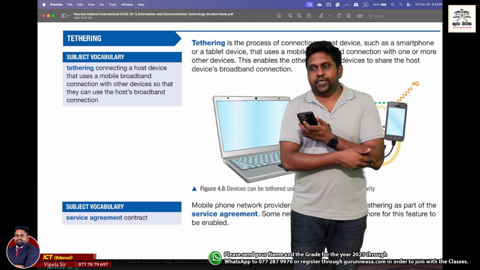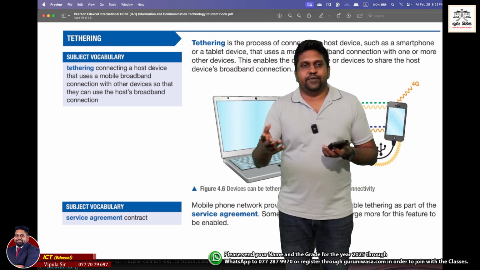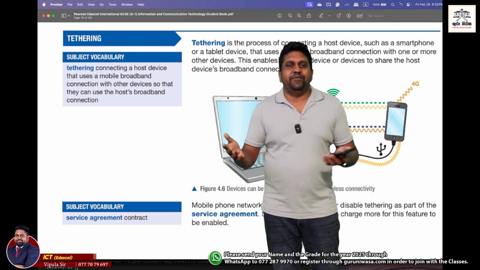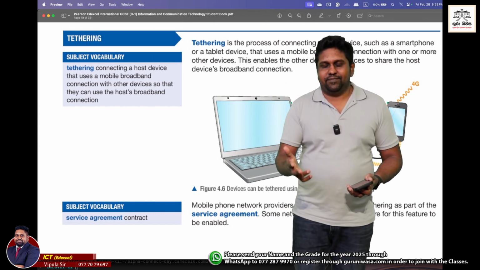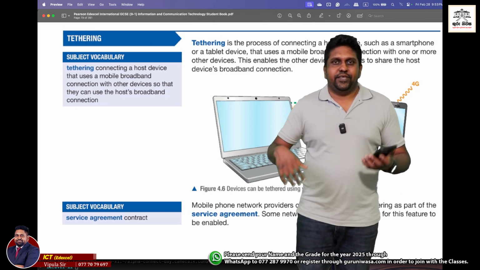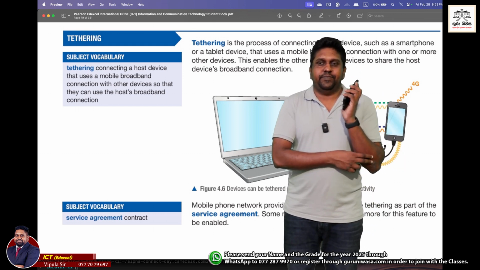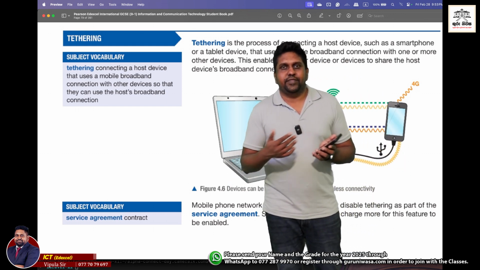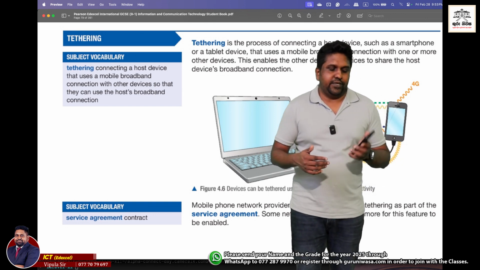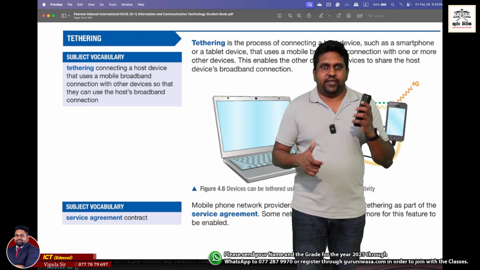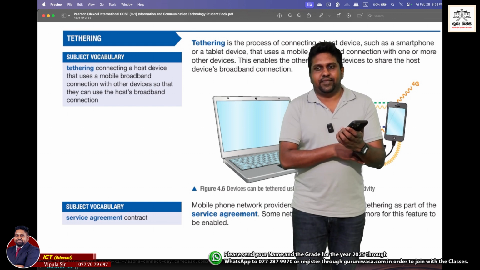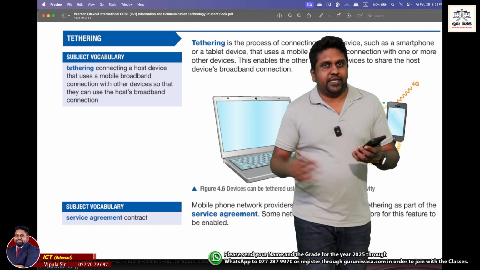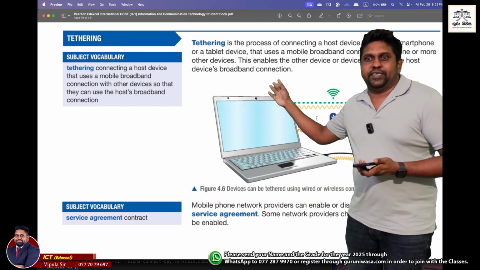It's like this. Let's say you take a phone, that's the base, and you connect it through a cable, and you access the internet, or you create an access point through your phone, then that is known as tethering. That is the example which has been given in the book.